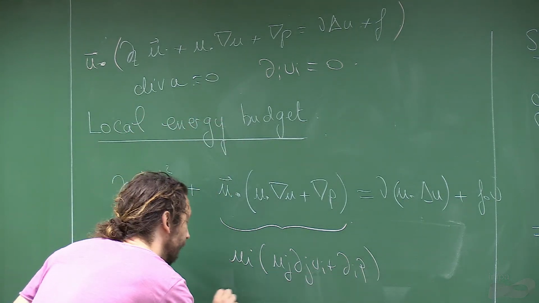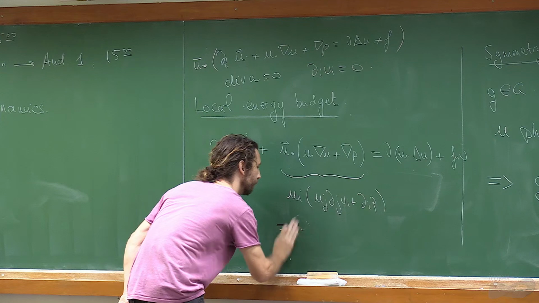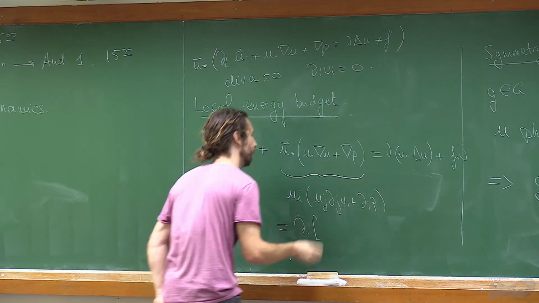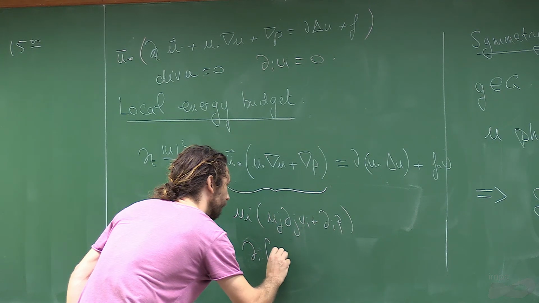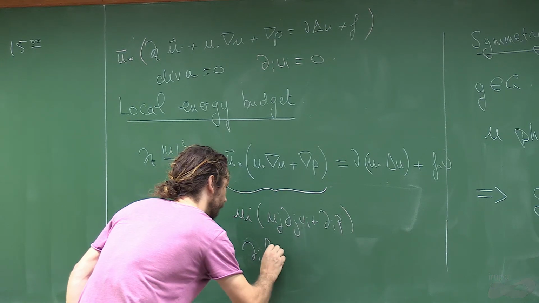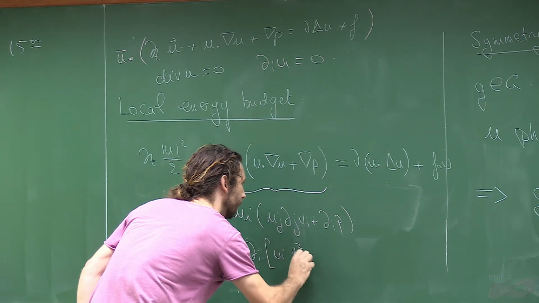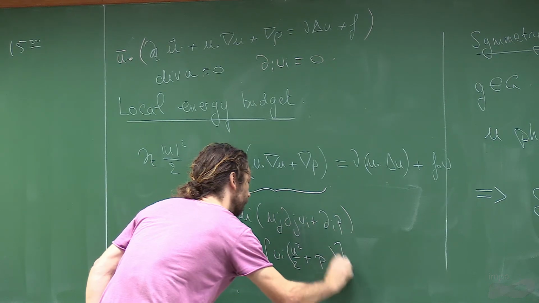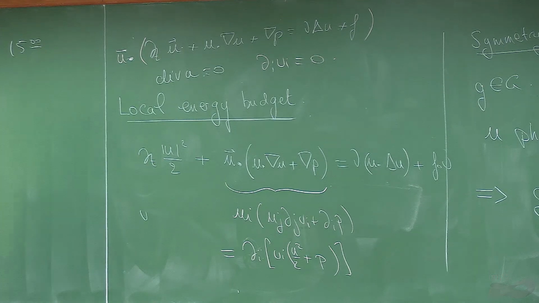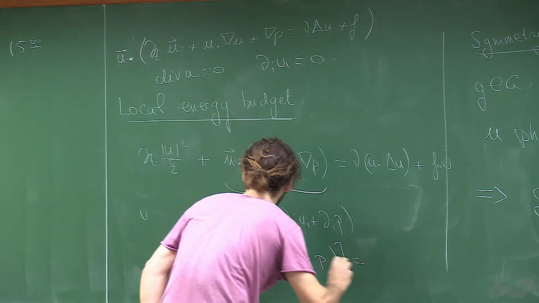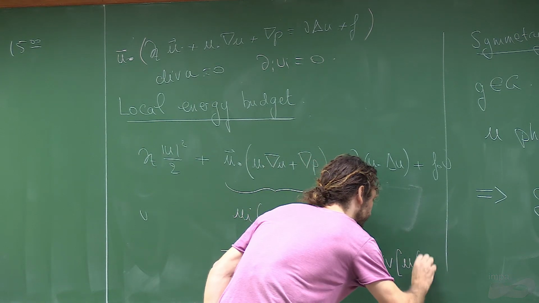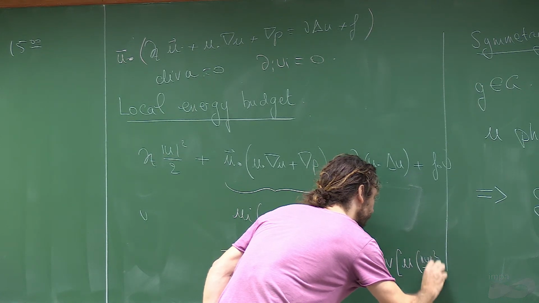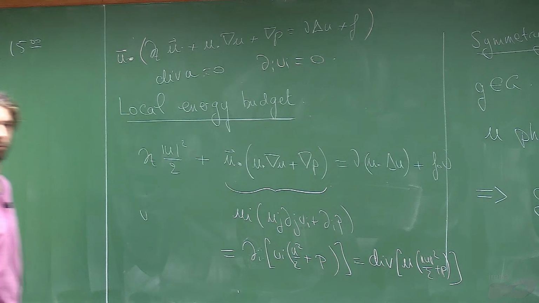So this is nothing but di of ui times u squared over 2 plus p, and that's exactly the divergence of u times u squared over 2 plus p. So that's for the first part.